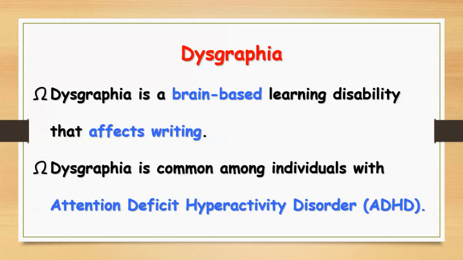Next comes dysgraphia. Dysgraphia is a brain-based learning disability that affects writing. It is very common among children or individuals with attention deficit hyperactivity disorder, ADHD.